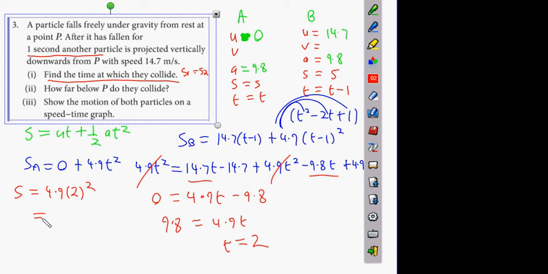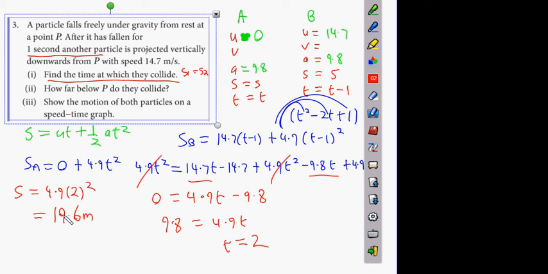Can you tell me? Lads, use the calculator. 19.6? Thank you. Now, 19.6 meters.